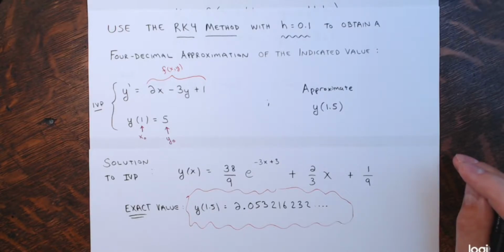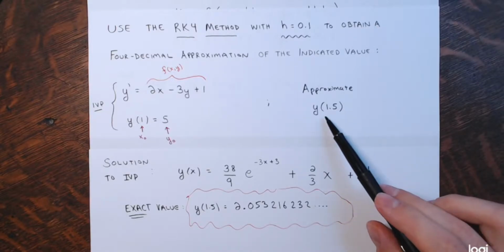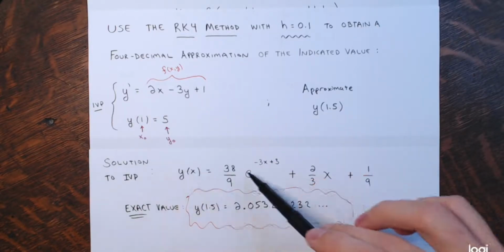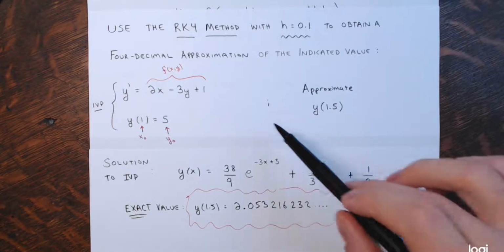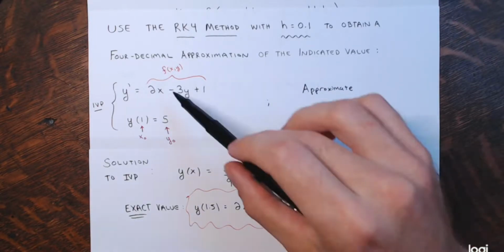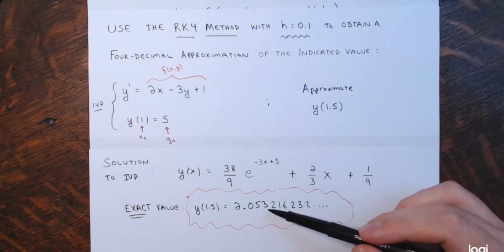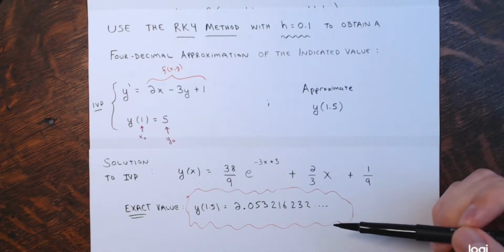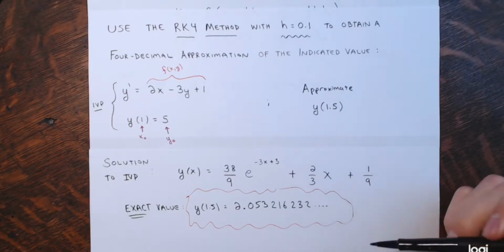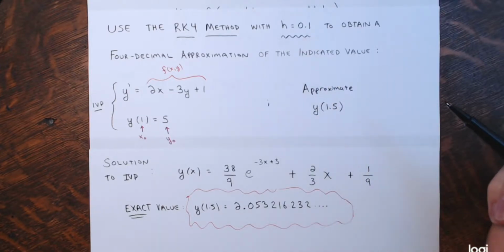Just as in the previous two videos, we're going to use this RK4 method, the Runge-Kutta 4th order method, to approximate, say we didn't know the solution, y at 1.5 and see how close to this 2.0532 we can get when h is equal to 0.1.